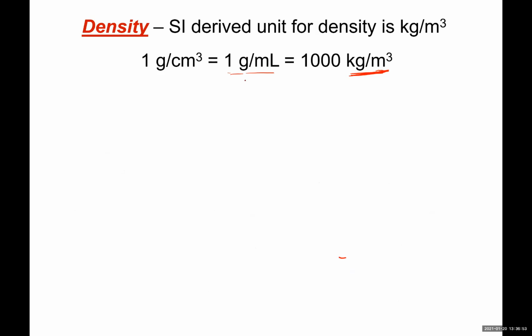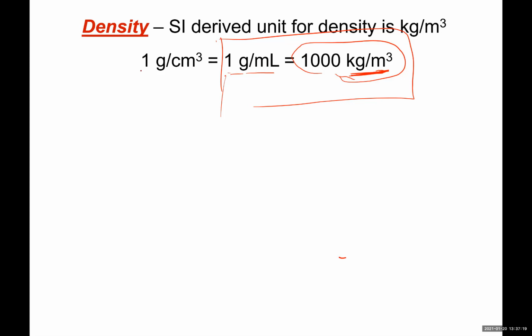Is there a relationship between this and the international unit of density, which is kilogram per cubic meter? Yes, these are related together. Every gram per milliliter is equal to 1,000 kilogram per cubic meter. We will do some conversions using these relationships.